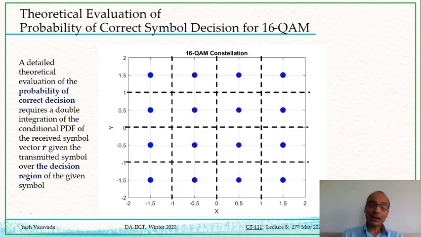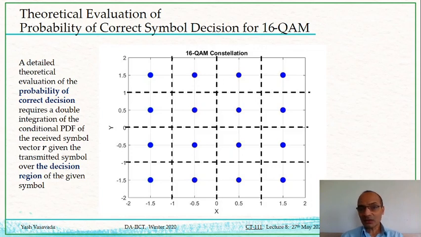Now you will see that unlike BPSK, the noise, which is the random variable here, is not just one dimensional. The noise has two dimensions, Ni and Nq, in phase and quadrature.